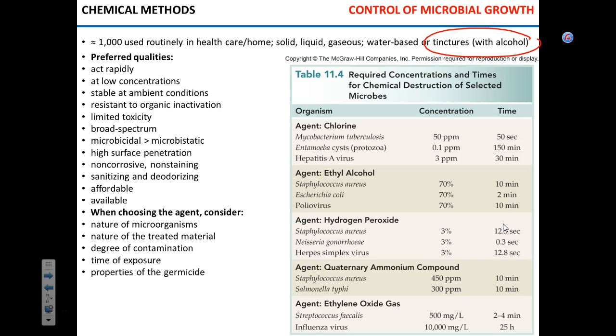That's very important because you use it in huge amounts. Elaborate on that. When you put it on a surface, what? Exactly. It's not going to damage whatever you treat, right?